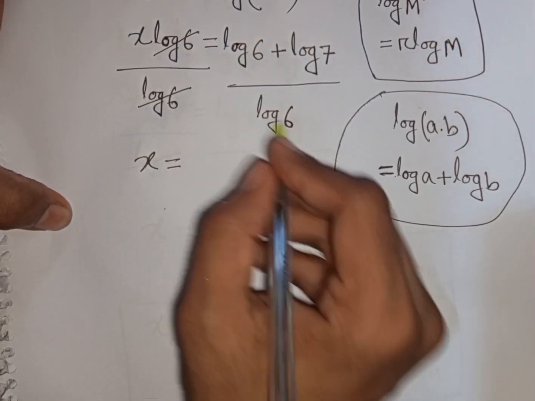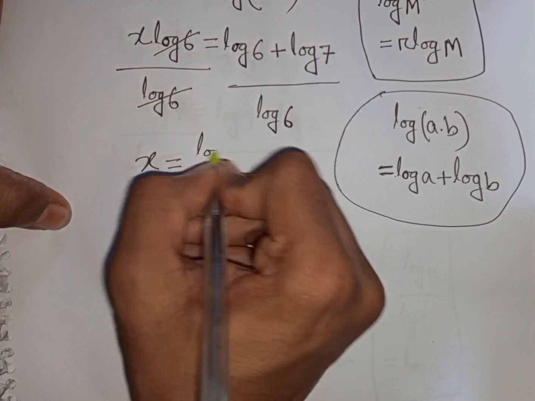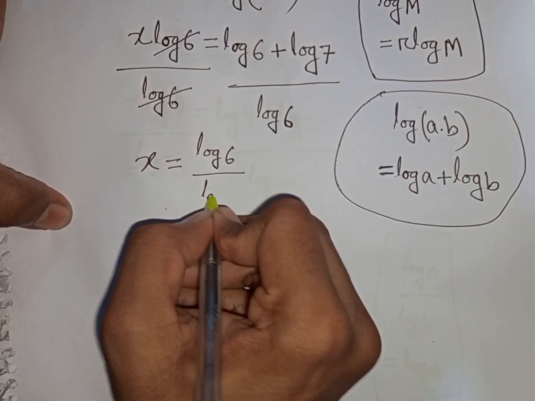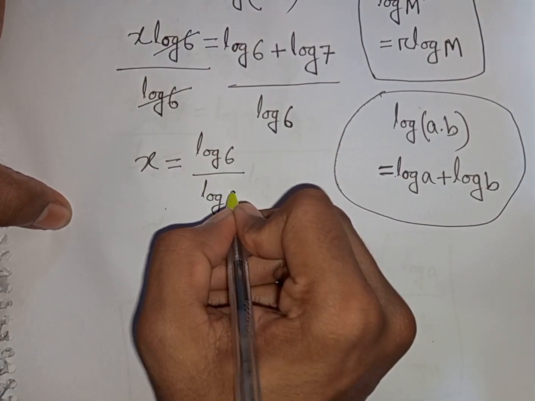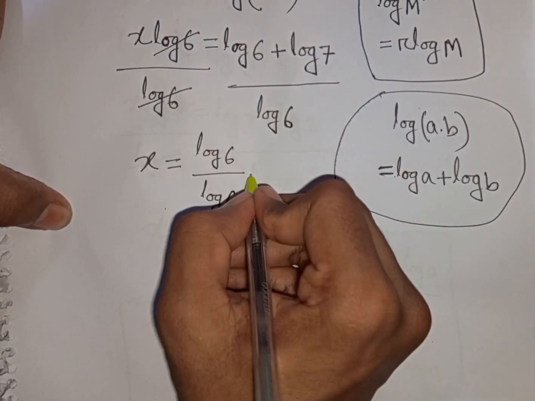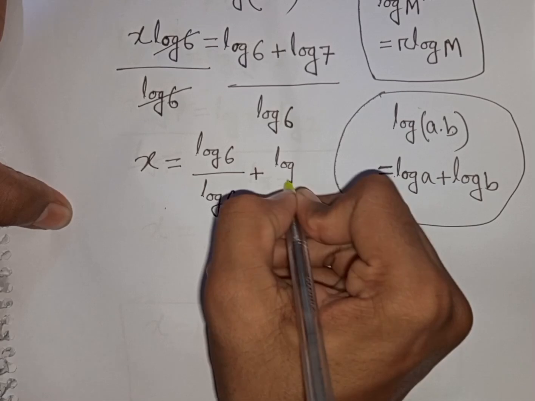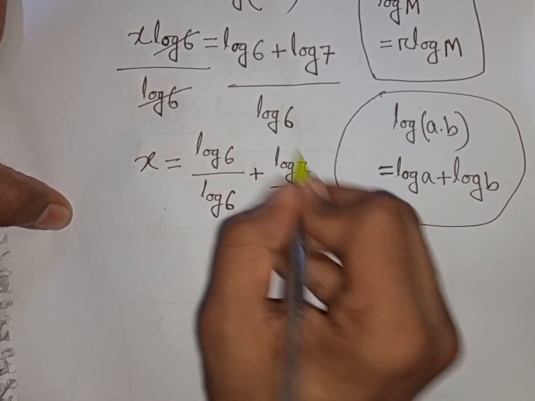It can be written as log 6 over log 6 plus log 7 over log 6.